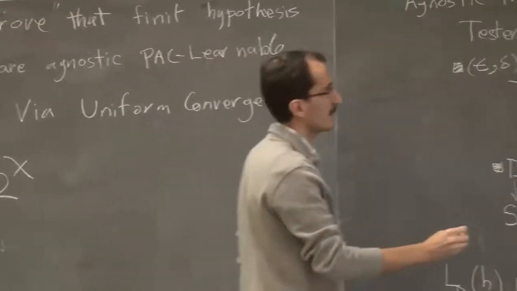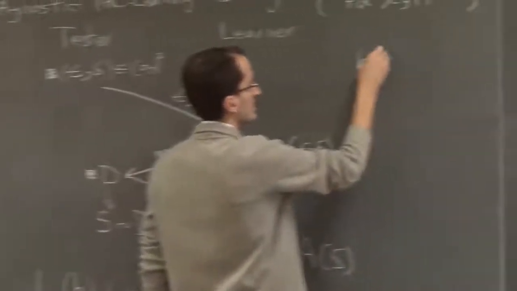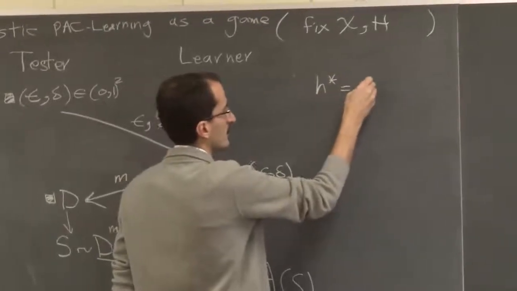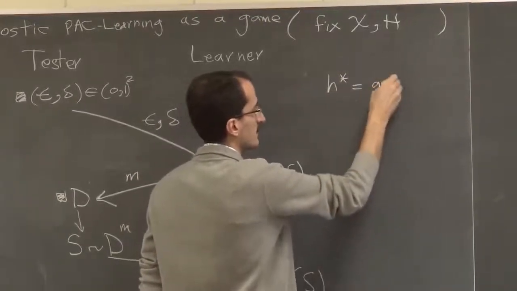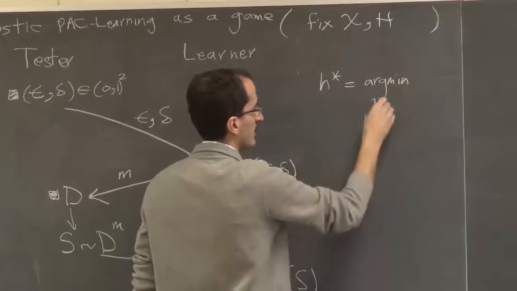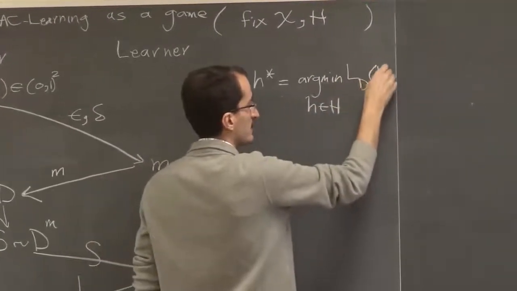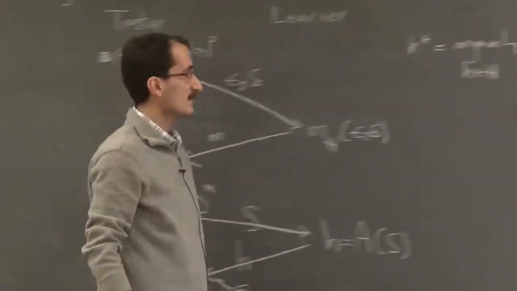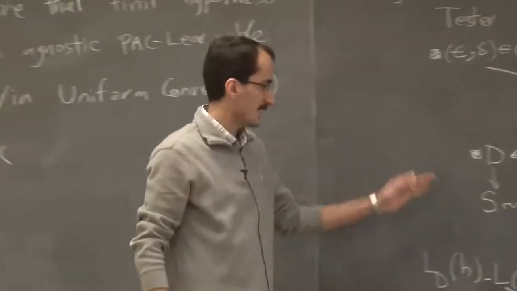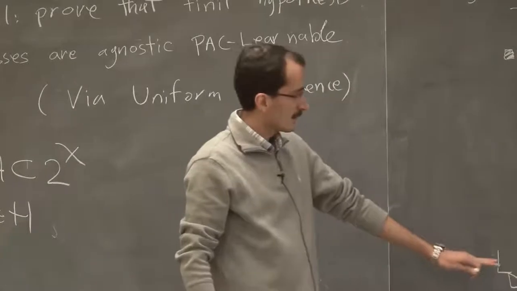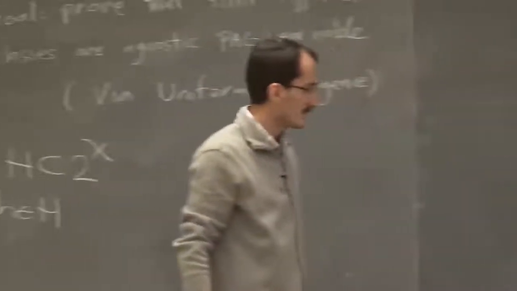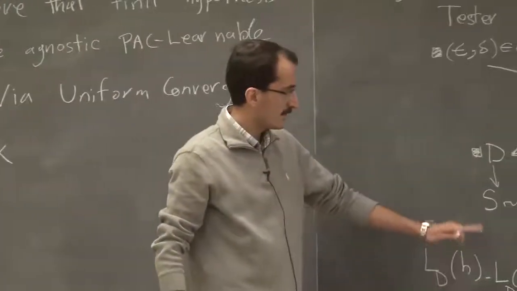By H star, I mean the best hypothesis in our class with respect to the true distribution. Because she has access to the distribution, she can compare it to the best one possible and see if the learner failed or not.